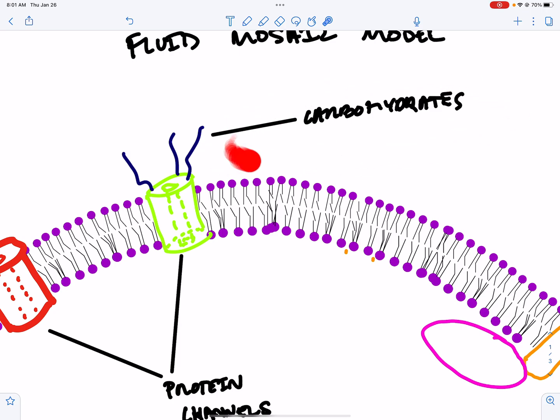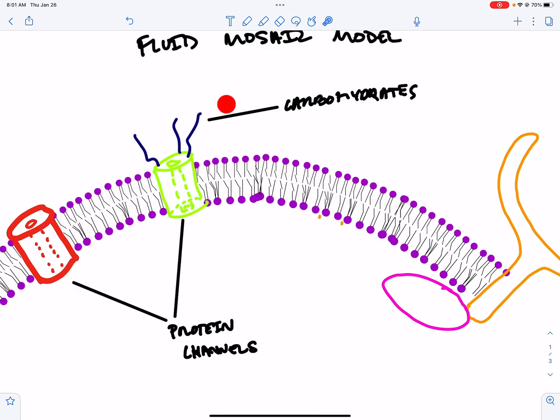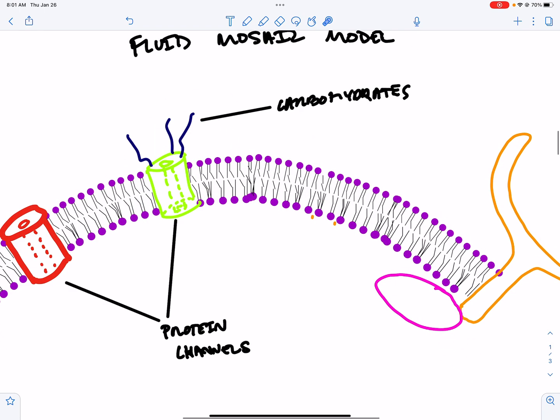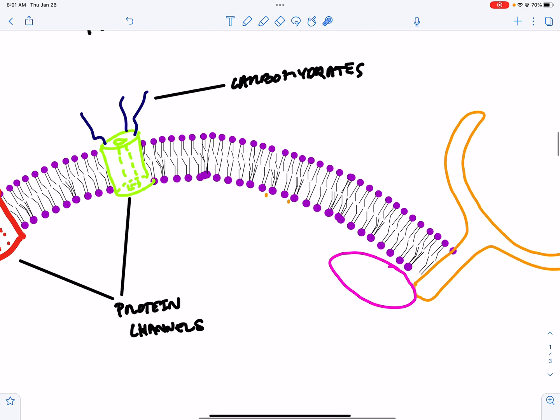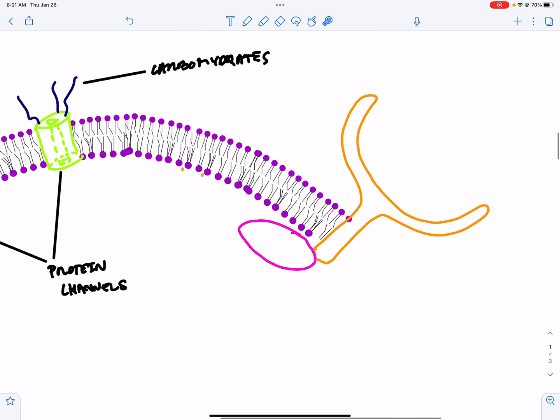So remember, we talked about the functions of carbohydrates. They can be short-term energy, they can be structural, and then they can also serve as kind of molecular flags. Well, this would be an example of a little flag that the cell is putting on. This carbohydrate structure is going to be telling other cells what this cell is.